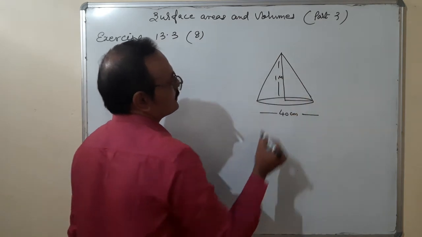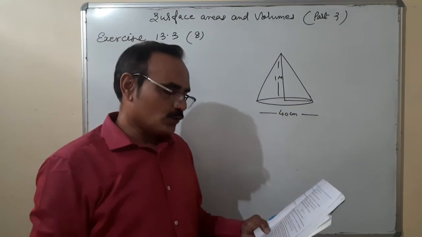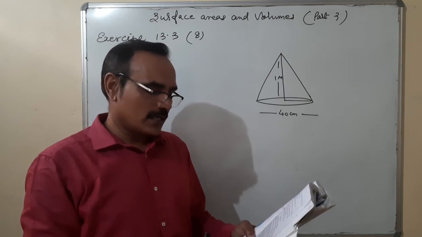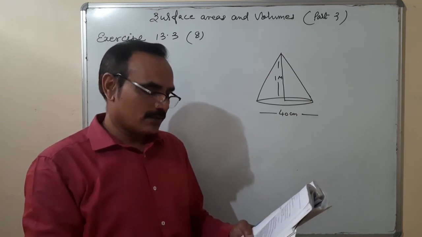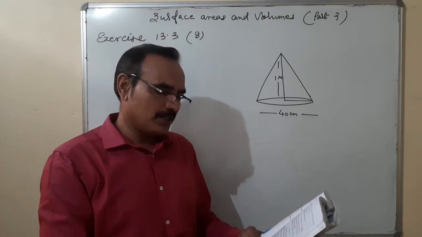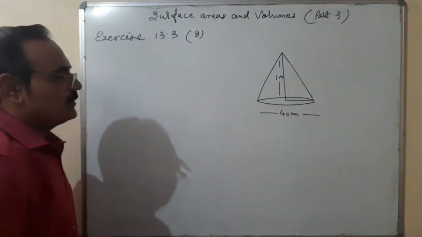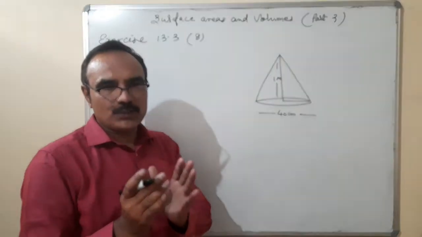Total number of cones are 50 and the cost of painting is rupees 12 per meter square. By the way, everything is given, the cost is given 12 per meter square.